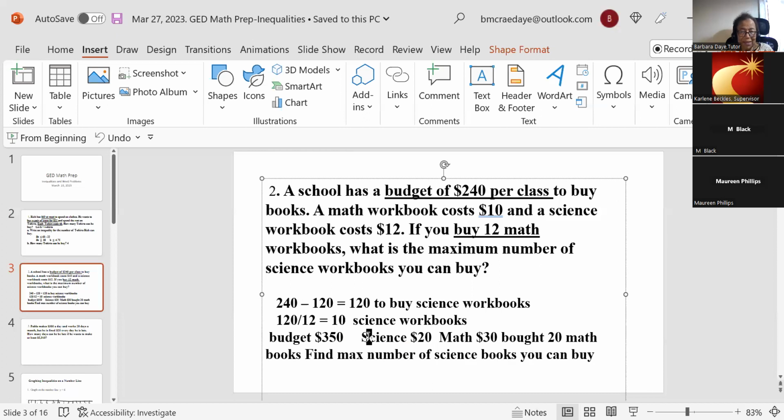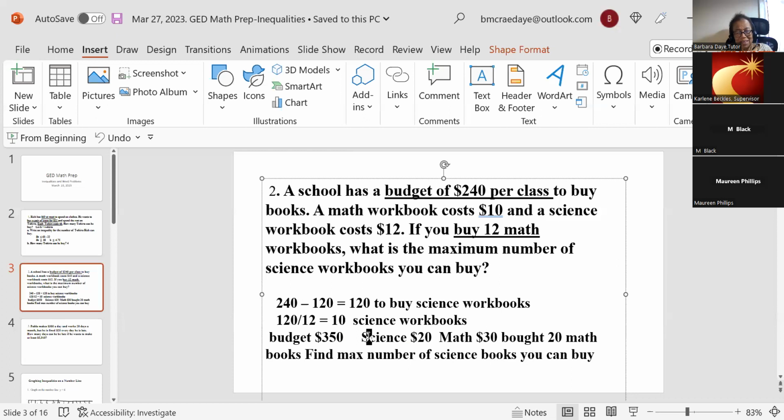Now, I made an error here, but I made it intentionally to see if you're going to spot it. Because you have science $20, maths $30, and then you have bought 20 maths books. So what's the error I made there?